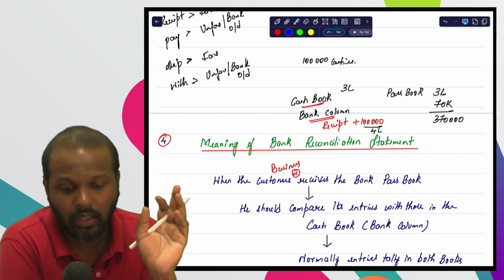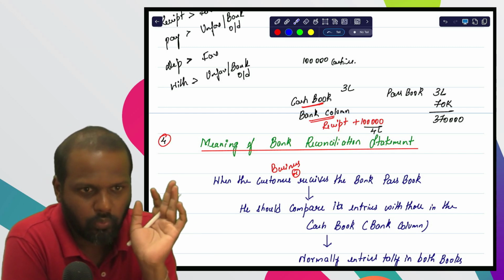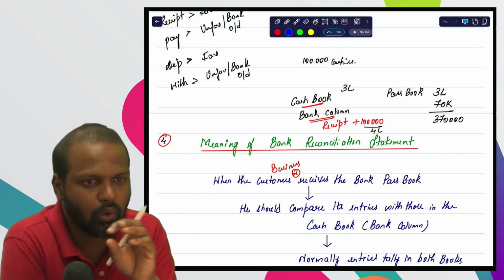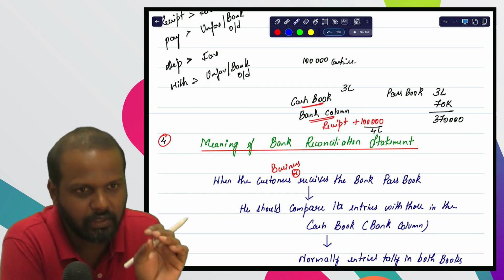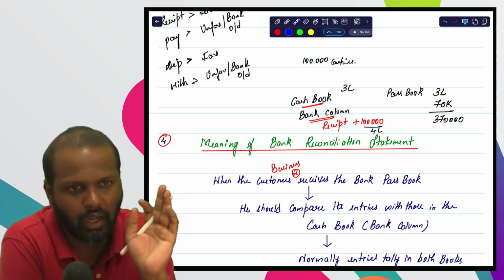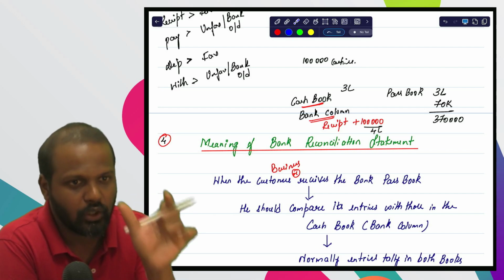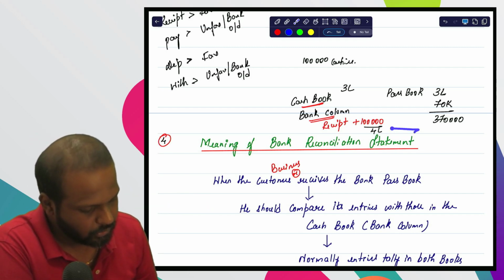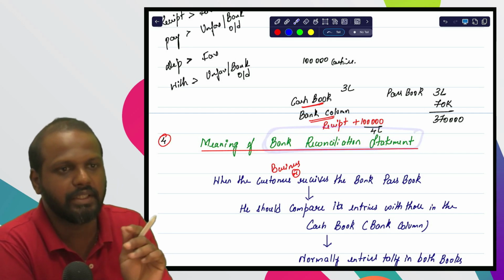Now listen, whenever you come to know that the entries of cash book and the entries of passbook are not tallying, then you take one sheet of paper and write the heading on that paper as bank reconciliation statement.